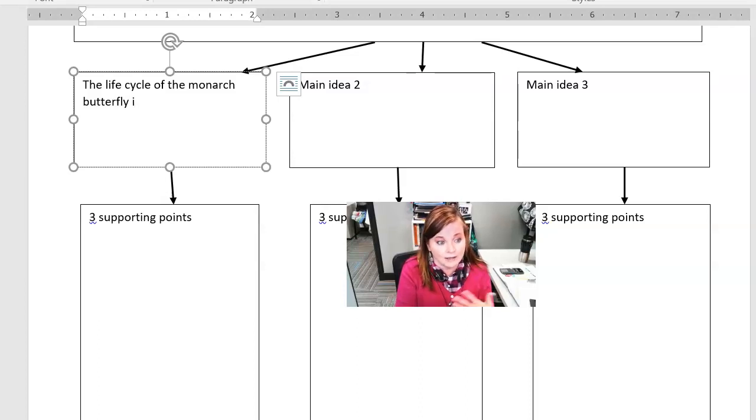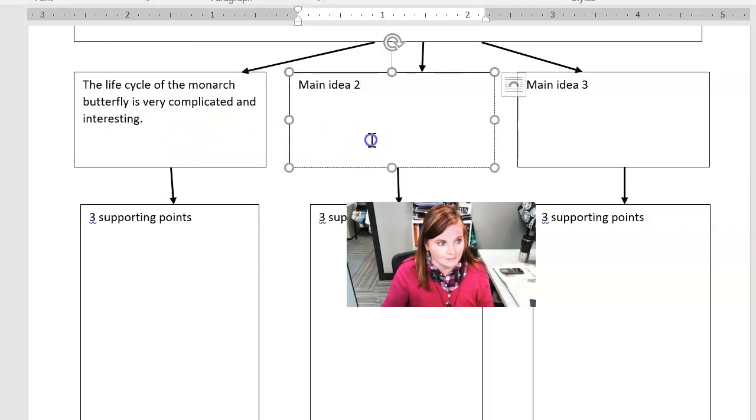And if you really want to get a head start on this, ladies and gentlemen, you can write this as though it's a topic sentence. So: the life cycle of the monarch butterfly is very complicated and interesting. So that's my topic sentence, right?